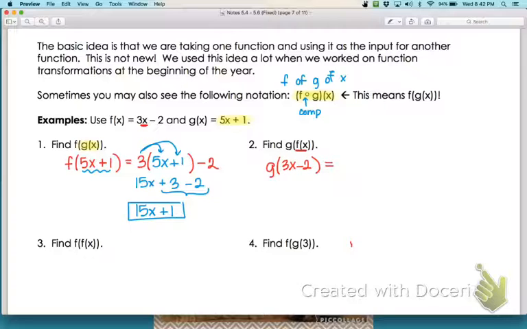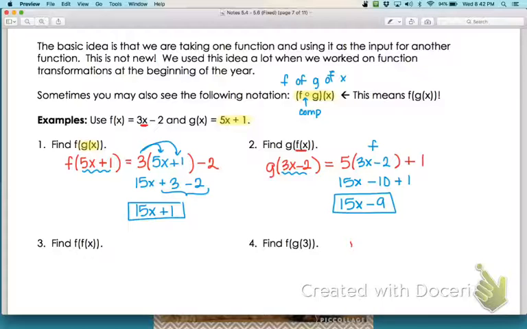So since g is 5 times an input plus 1, the input that we're going to use is 3x minus 2 because this was f. Okay? So again, this time we get 15x minus 10 plus 1, so we get 15x minus 9 this time. So you see it was similar, but we did not get the exact same thing when we plugged those in.